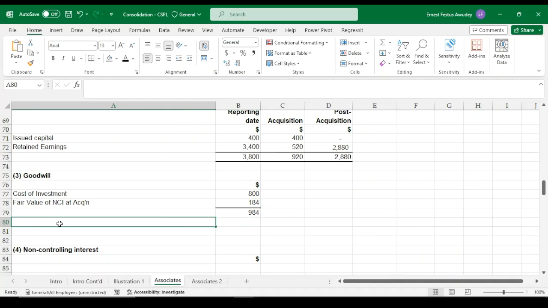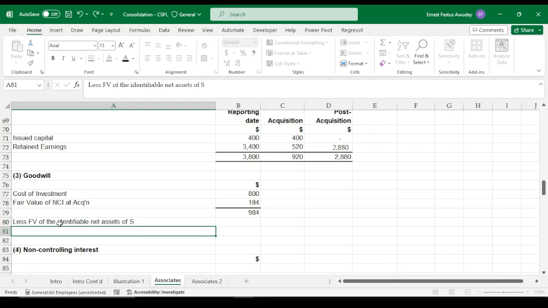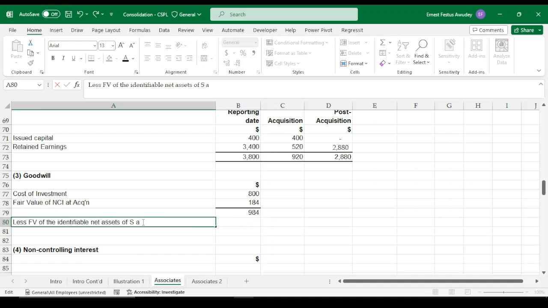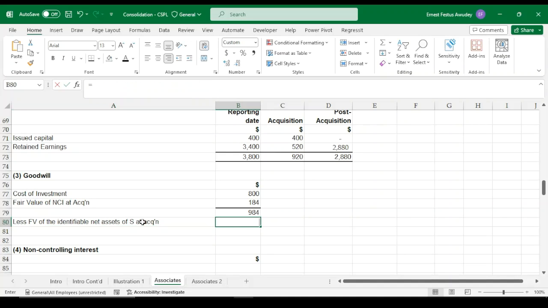And then what we have is that we are now going to less the fair value of the identifiable net assets of S at acquisition. At acquisition, very important. So this is at acquisition date. So where is our acquisition value?